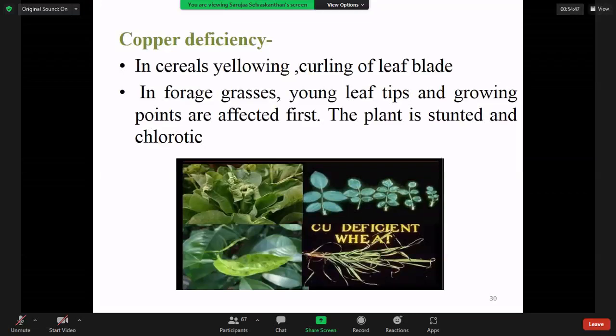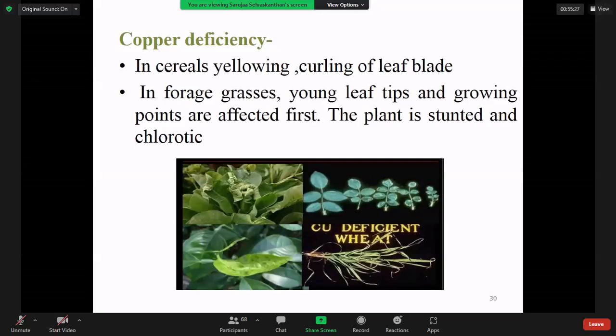If there is copper deficiency in cereals, definitely there will be yellowing and curling of leaf blades. Underline the words curling of leaf blade; you can see it here. In cereals, ear formation, ear production in maize, is also less.